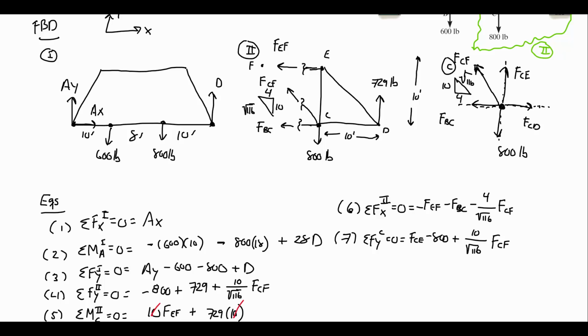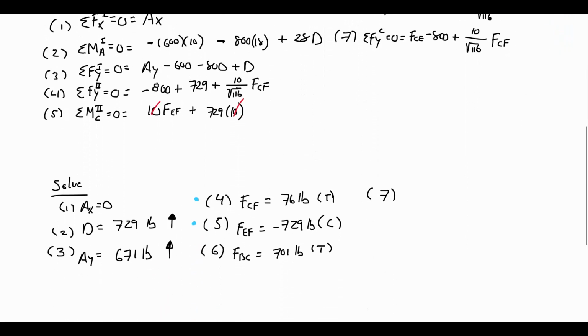But for internal forces, leave them in variable form, assuming tension, and wait to substitute anything until that solve step. So in equation 7, FCE, the last unknown, is going to be also a 729 pounds. But this is in tension. And that was the third and final unknown we were searching for in this problem.